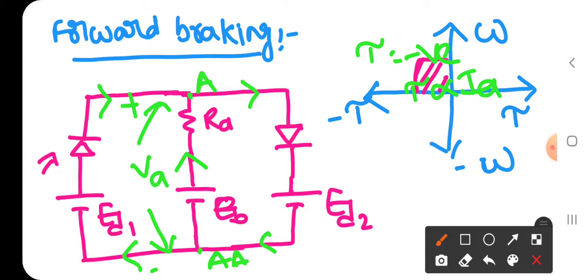Here you have to observe: omega positive in the sense voltage is positive, that means ED1 and ED2 both are positive. Omega negative in the sense ED1 and ED2 also negative, just remember that.